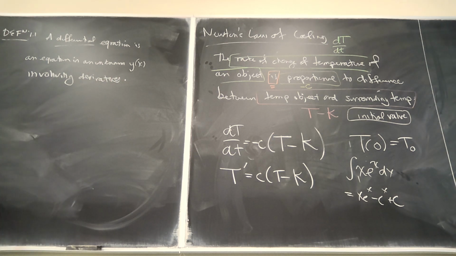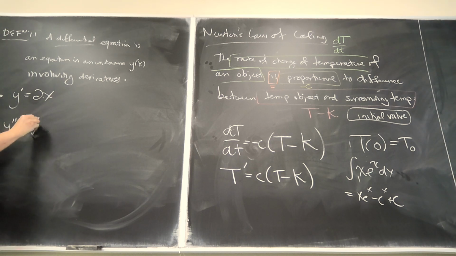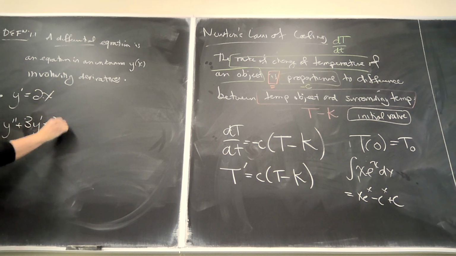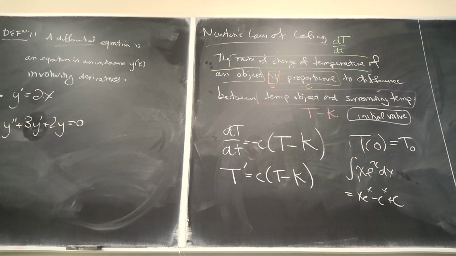So for example, I could have the equation y prime is equal to 2x. That's a differential equation. Or y prime prime plus 2y prime plus 3y prime plus 2y is equal to 0.